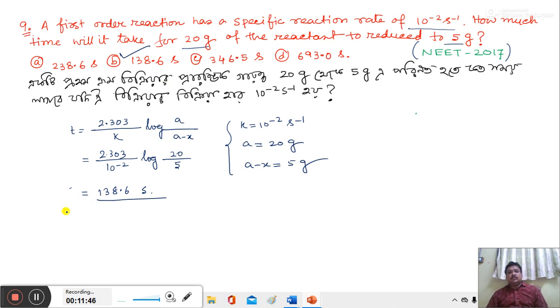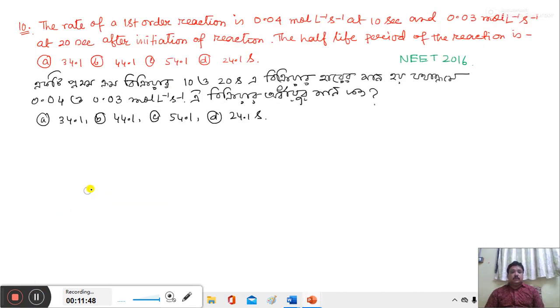In this video the last question is, the rate of a first order reaction is 0.04 mole liter inverse second inverse at 10 seconds and 0.03 mole liter inverse second inverse at 20 seconds after initiation of the reaction. The half-life time of the reaction is, there are 4 options. This question came in the NEET 2016 exam.